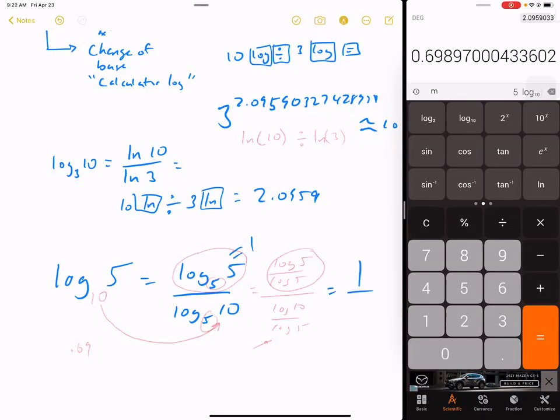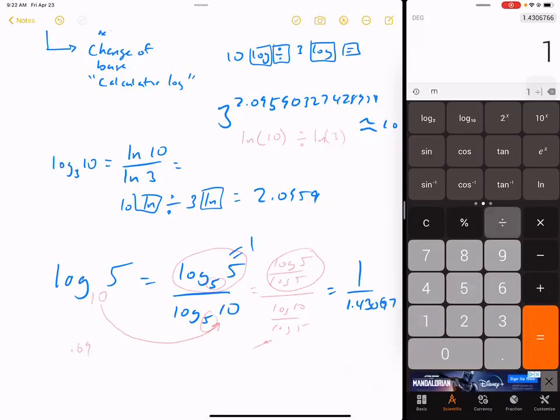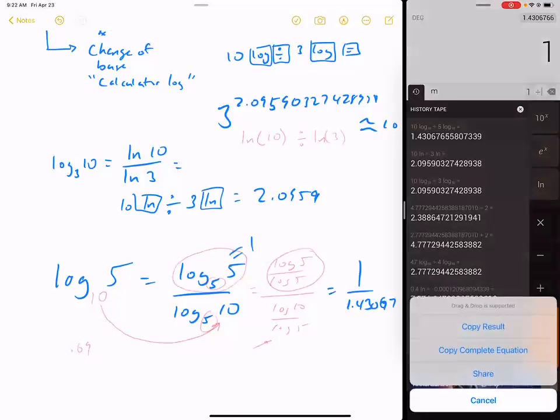Now, the bottom part, I'm going to take log base 10. 10 log divided by 5 log. And that gives me 1.430767. And then we're going to divide this by 1. 1 divided by, let's see if I can do it. Memory, this answer here.